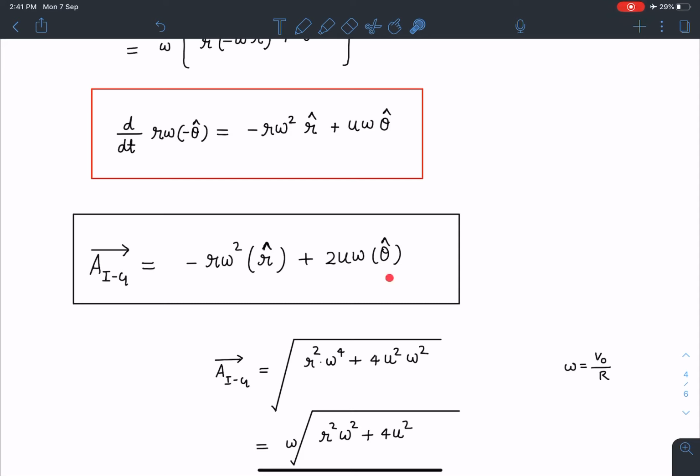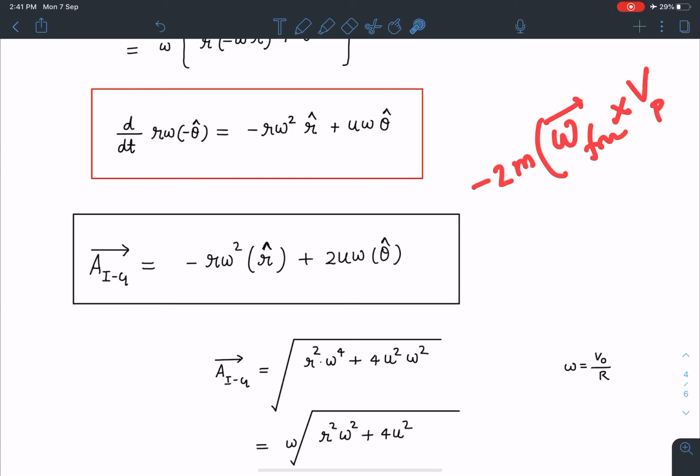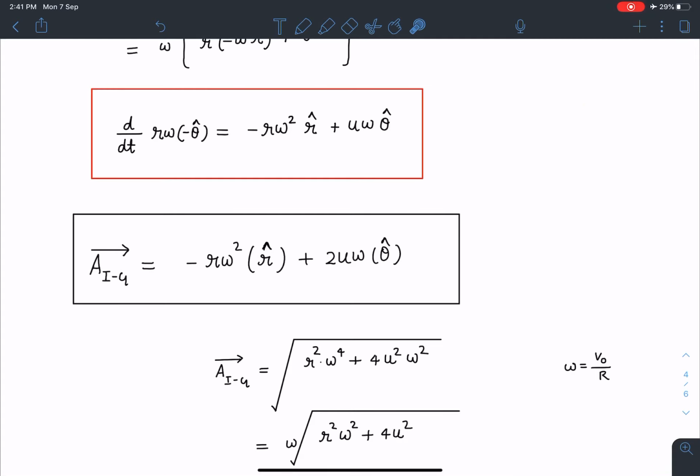If I write, we will be getting this as the answer in 2 steps. This Coriolis force is minus 2 times mass of this times omega of frame cross velocity of particle with respect to frame. This is your Coriolis force. So we'll have a detailed discussion on this term.